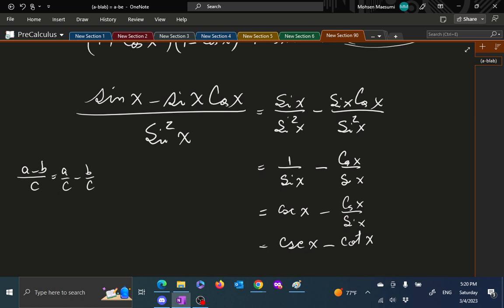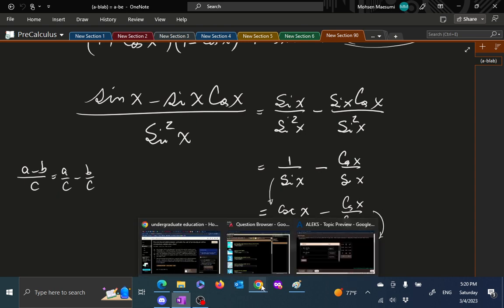Cosine over sine is cotangent. From here to here we are using quotient identities, and from here it is a reciprocal identity. So let's see if we can do this set of activities on the next one.